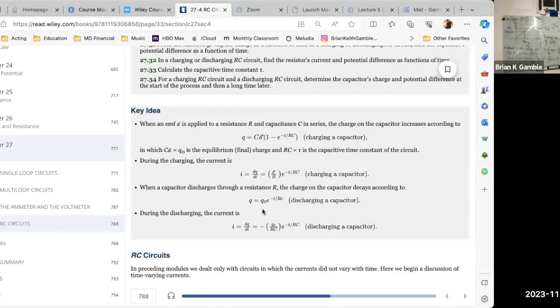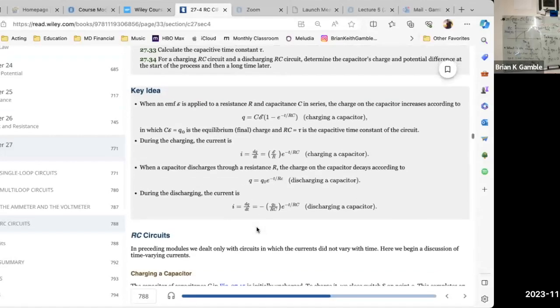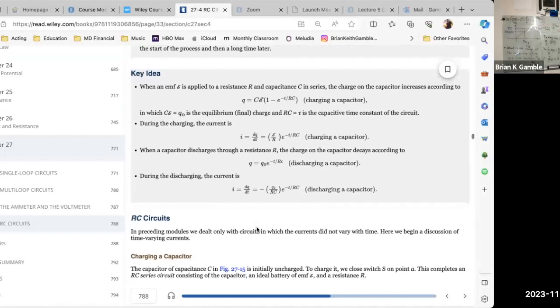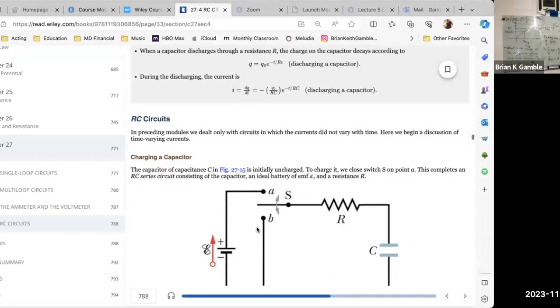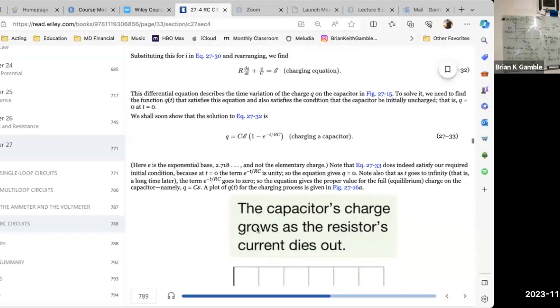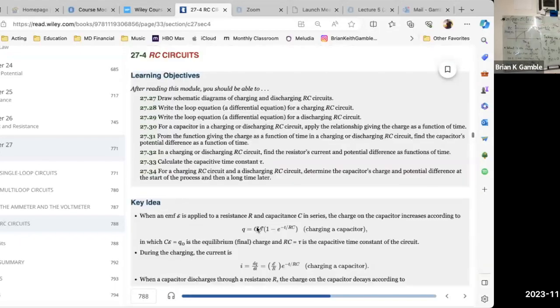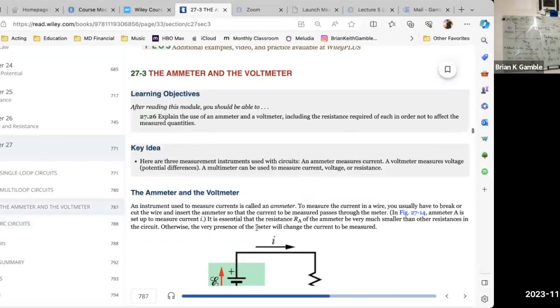Oh, we have to do a discharging capacitor too. So this is charging, and these two are charging, and these two are discharging. I forgot about that. Well, I can let you do that actually.